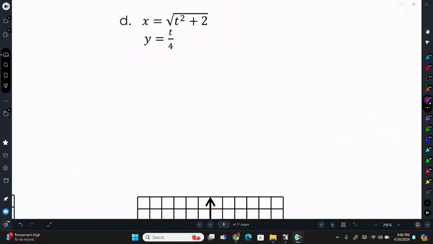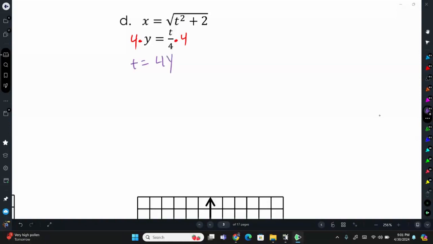All right, our last one. x equals the square root of t squared plus 2, and then y equals t over 4. Now, when I look at this, it would be pretty difficult to try to get t by itself in the first equation, the x one. We have to square both sides, and then minus 2. It just would be kind of messy. So let's instead look at the y one and multiply both sides by 4. And when we do that, we get t is equal to 4y.